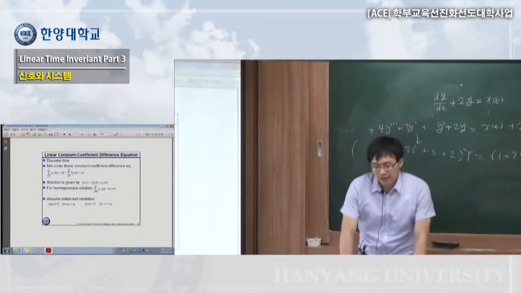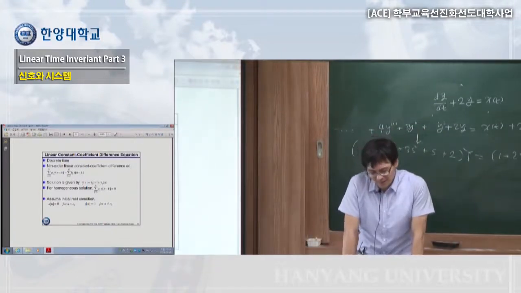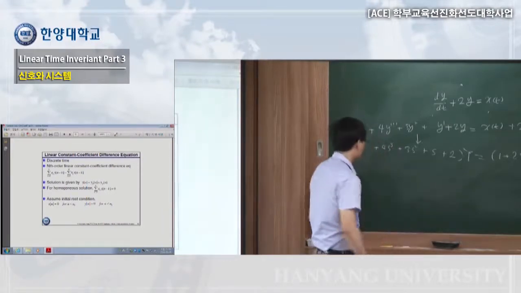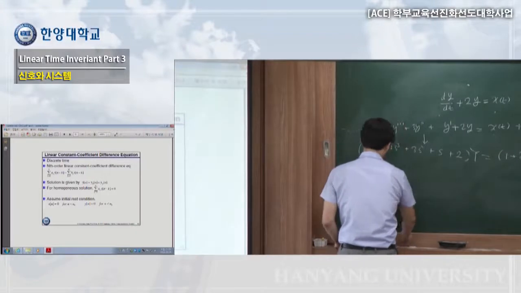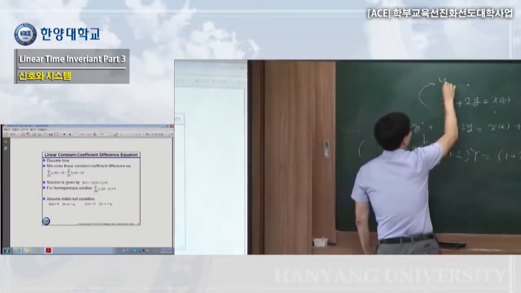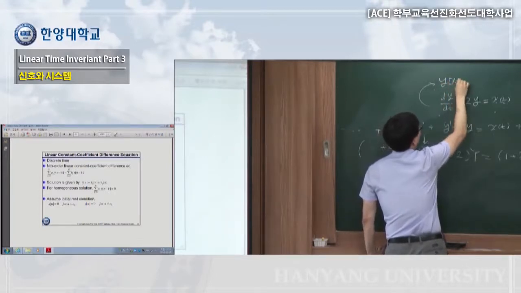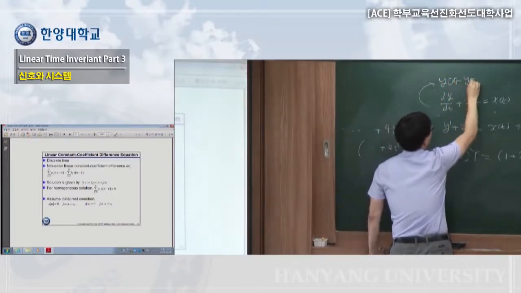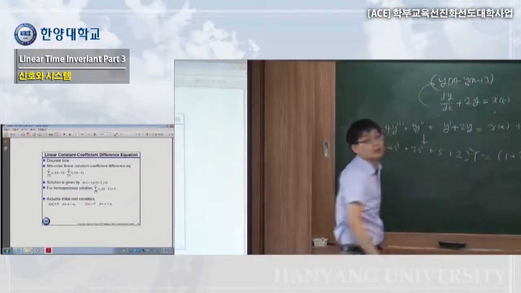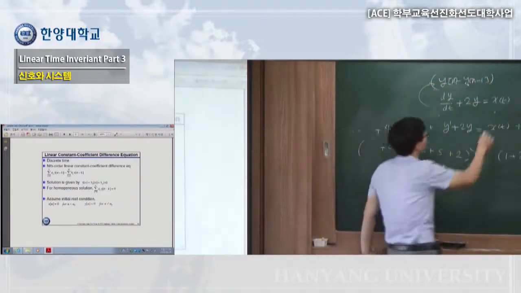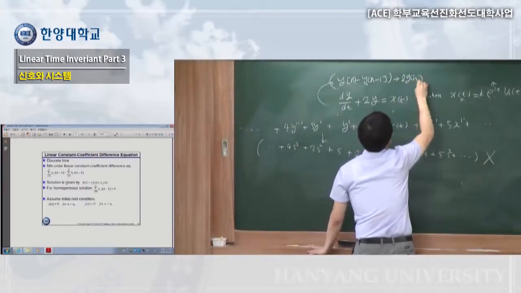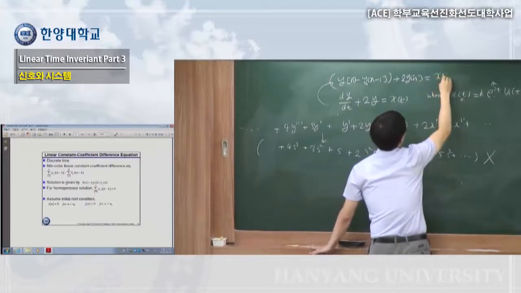In discrete time, this one I feel a little bit uncomfortable, because you can view them in this way. If you want to change this one to discrete time, there will be the difference plus 2y[n] equals x[n].